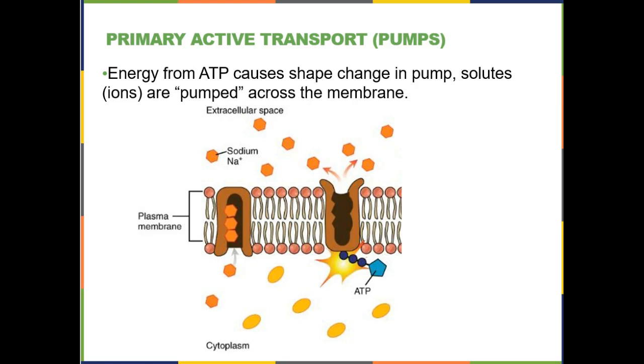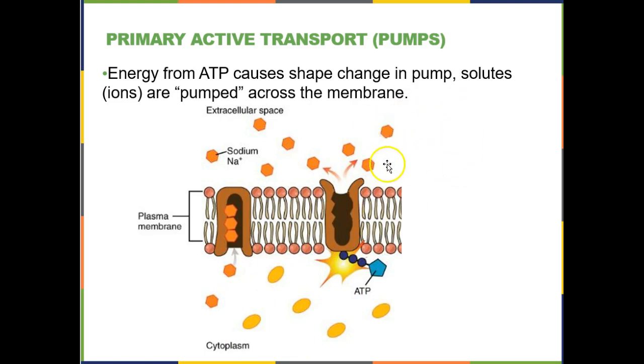So a pump is a molecule, or a protein, I should say, that uses ATP to move something across the membrane, generally speaking against its concentration gradient. That's the whole purpose of pumps: if you're going to move something against its concentration gradient, that's like rolling a ball uphill, so you have to put energy into getting that thing to move if you want it to move from an area of low concentration to an area of high concentration.